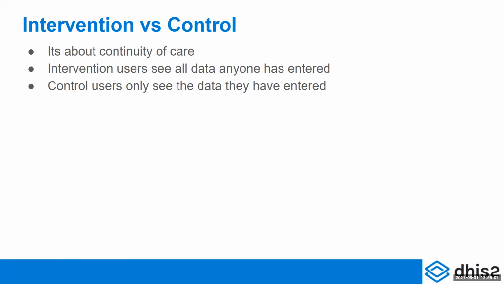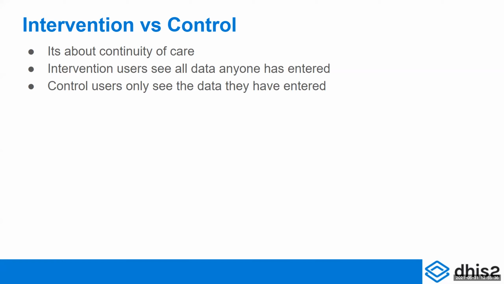And there was no shared data between the community health workers and the facility workers either. Meanwhile, they are all seeing the same woman. So we wanted to see if there would be an improvement in quality of care if all the different users seeing the same woman could see the information or the service that had been given by different people to that woman. Or if it doesn't make a difference, right?